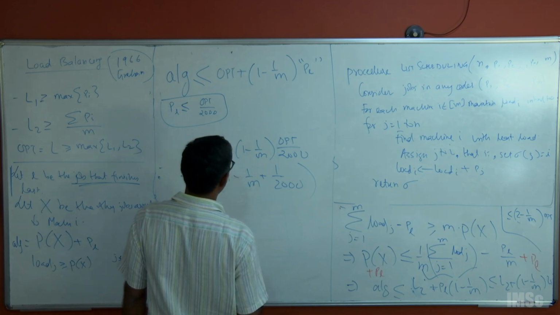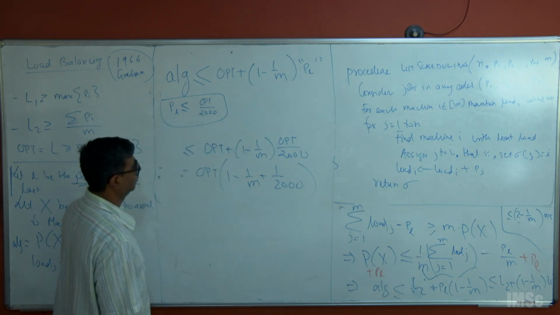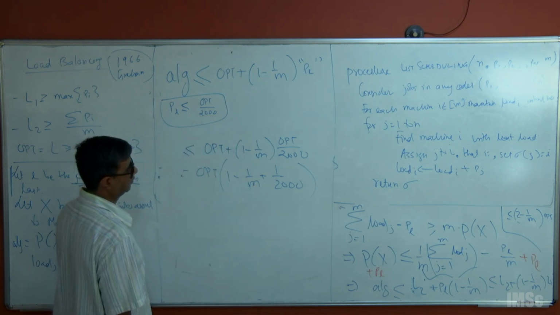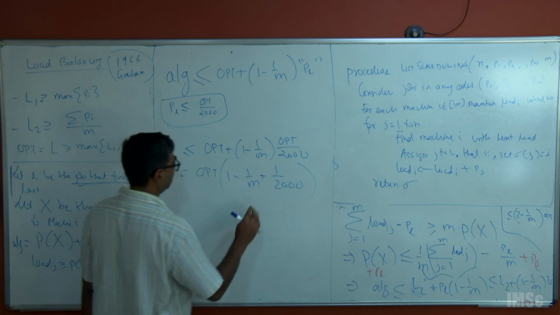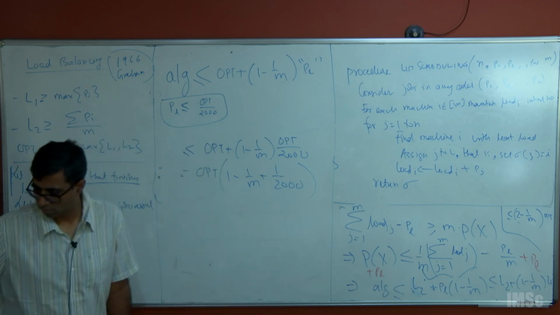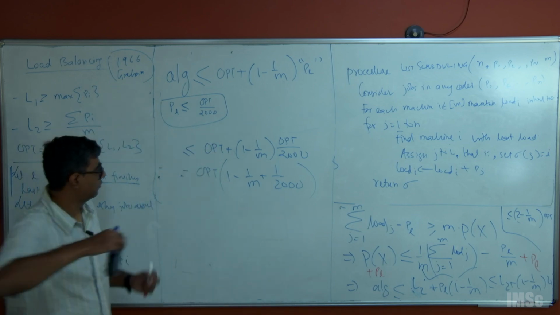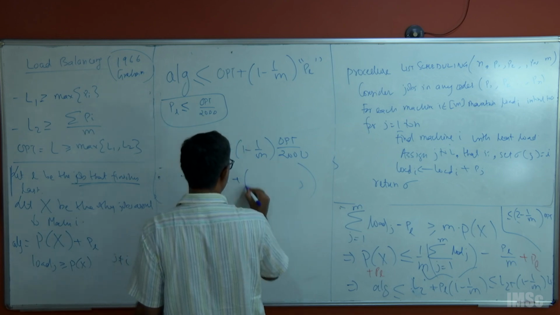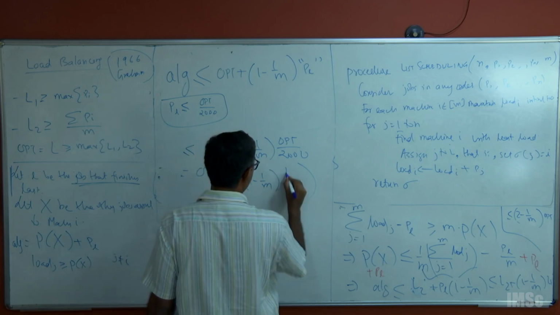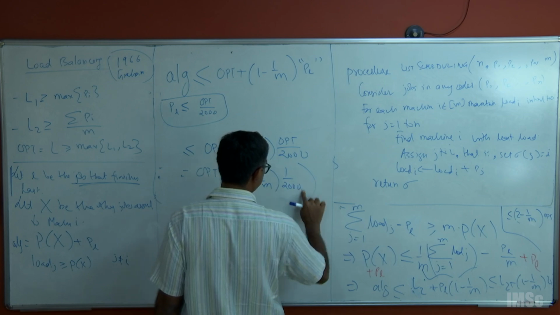No? Why not? Why not, Sushmita? It will be multiplied. If you take OPT out, it's 1 plus (1 minus 1 by m) into 1 by 2000. Okay, fine, you are right. So it should become 1 plus 1 by m by 1 by 2000.